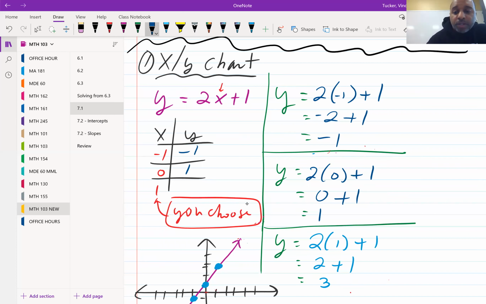And then for the last one, 2 times 1 plus 1. So 2 times 1 is 2. 2 plus 1 is 3. So we have our 3 ordered pairs.